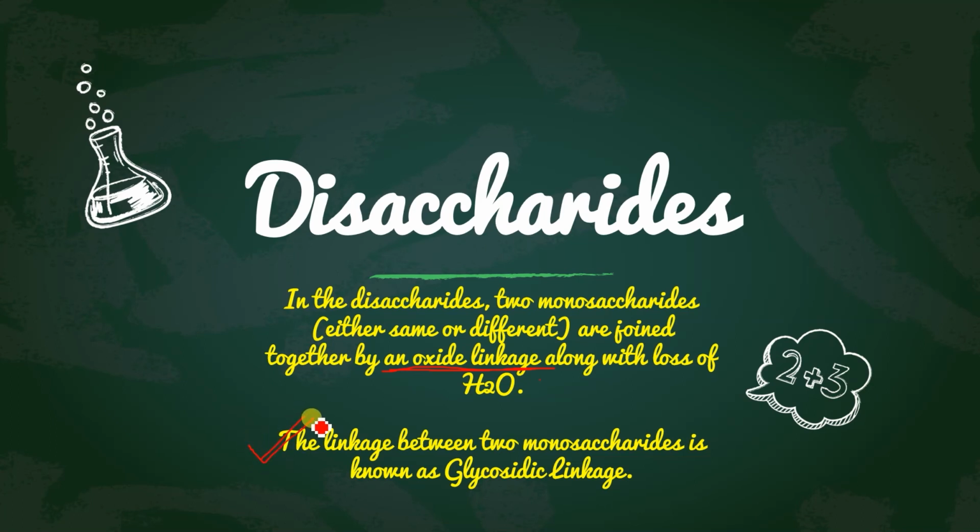It is asked so many times, what do you mean by glycosidic linkage? You are supposed to say not simply linkage, you should say the oxide linkage. This is the most appropriate way. So the oxide linkage between two monosaccharides is known as glycosidic linkage. Got it?